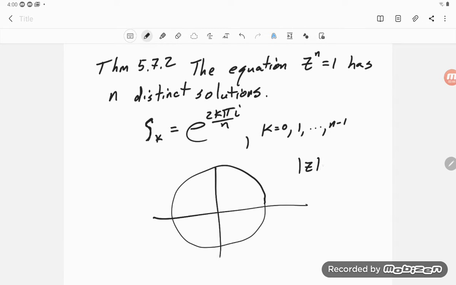So this is z equals 1. And so they may be here, there, depending on what n is, maybe there. If I got them, I'm kind of close. There we go. So they'll be equally spaced around.